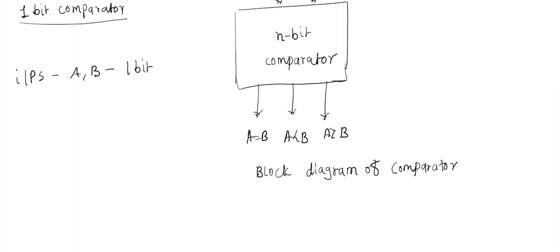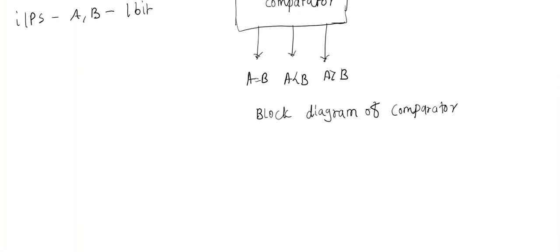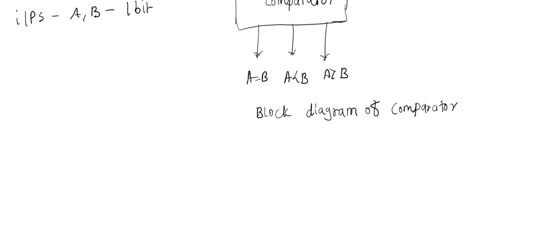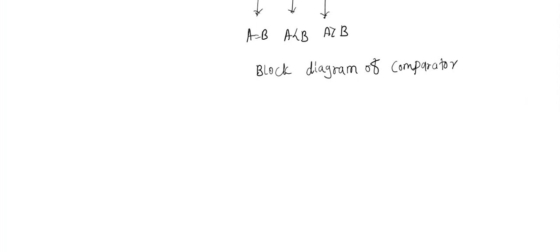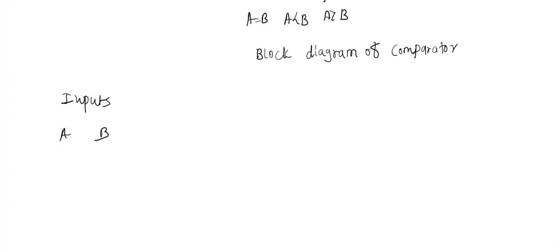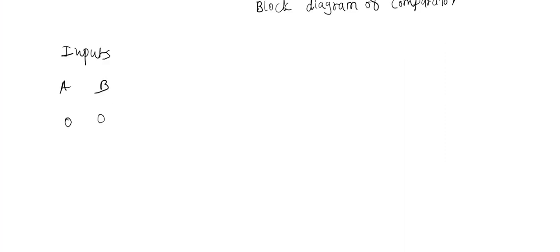Now for the 1-bit comparator, A will be either 0 or 1, and B will be either 0 or 1.